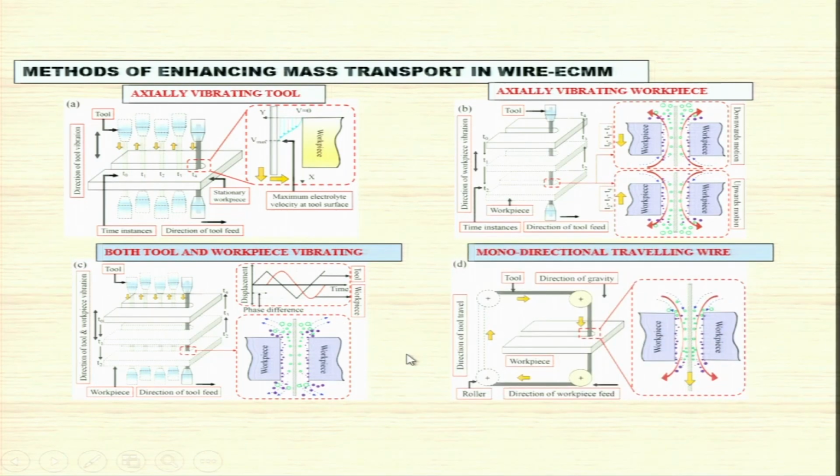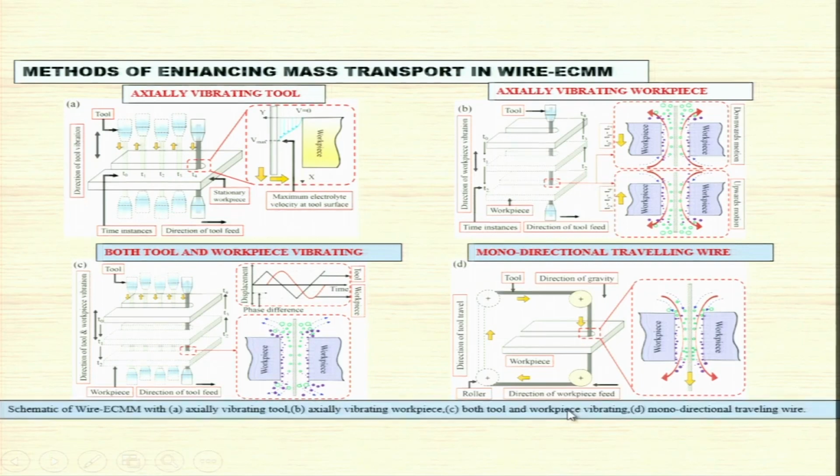And you can have a monodirectional traveling wire, traveling in this particular direction. So you have seen that you can vibrate the tool, the workpiece, or both, and how the velocity profile of the electrolyte varies at different locations.